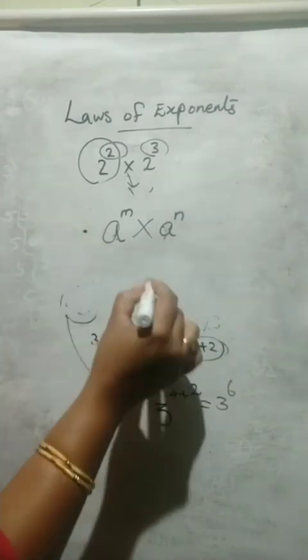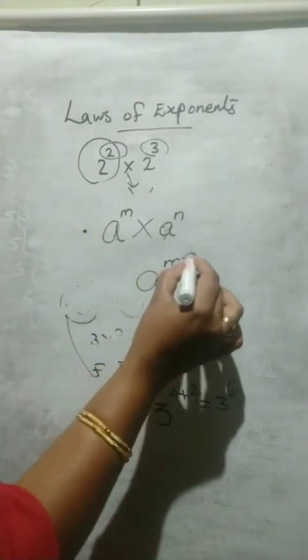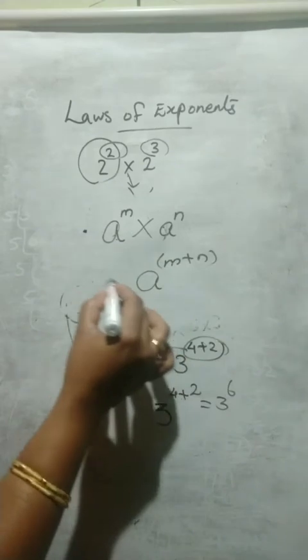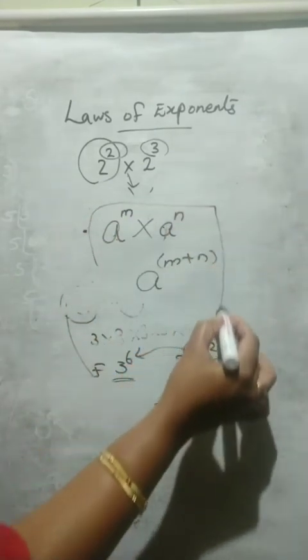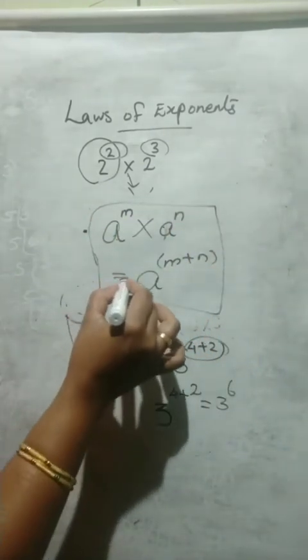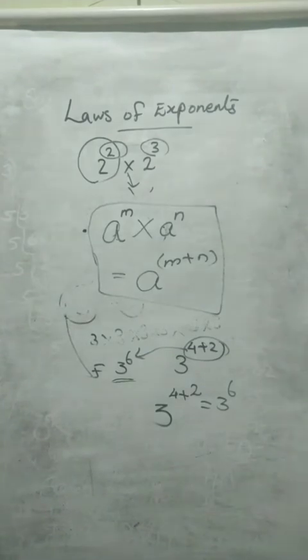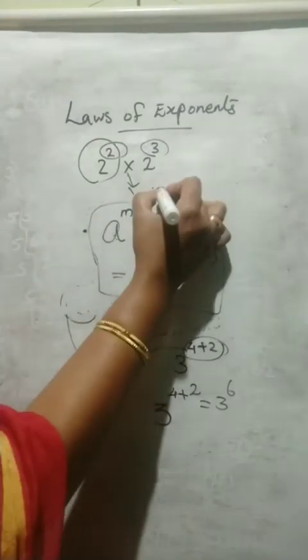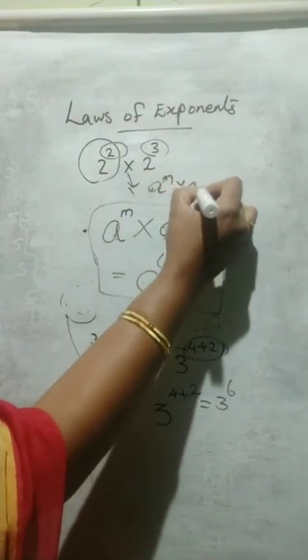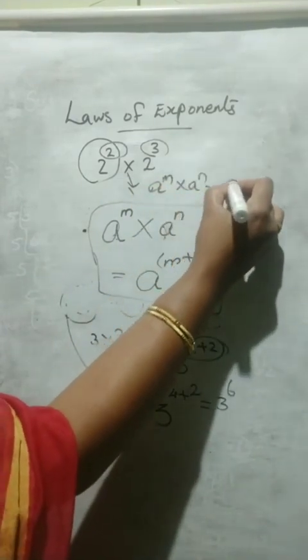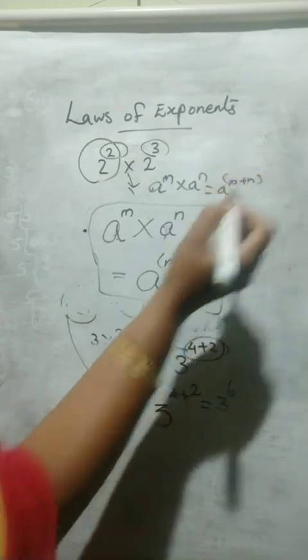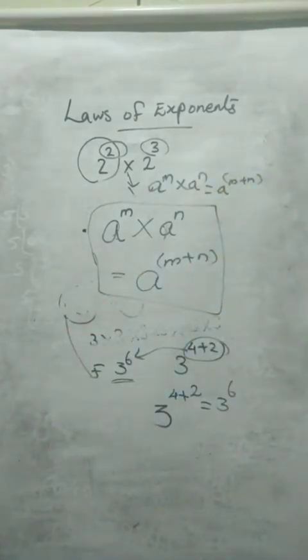Then a raised to m plus n. This is the first law: a raised to m into a raised to n is equal to a raised to m plus n. Add the powers and solve it. Okay.